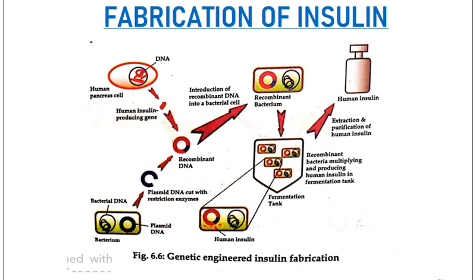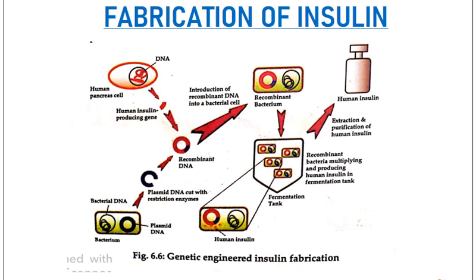So going to the steps, the first step involved in this genetic engineering is that human insulin is removed from the pancreas cell and then the insulin producing gene is isolated, and then further a plasmid DNA is extracted from a bacterium and cut with a restriction enzyme, which helps in developing a plasmid vector.